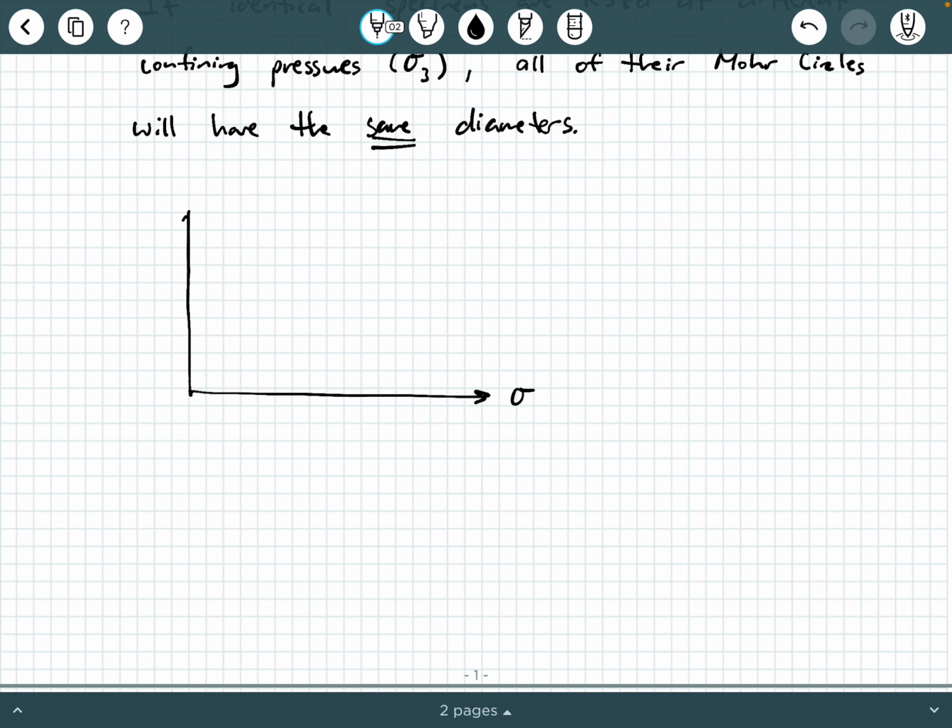So it turns out what will happen is, if you have sigma here and you have tau here, if you apply a confining pressure and then you apply deviator stress, which then grows you a Mohr circle to sigma 1. Let's say you do that, and this is your diameter right here. And then let's say you take another subspecimen from that same Shelby tube, because again, you're running this on undisturbed specimens. So that's what we mean by, quote, identical.